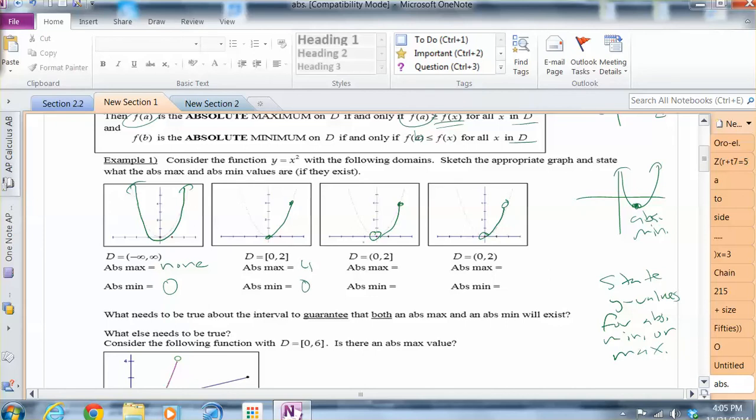But if you have an open circle, as we see with a 0, so it's an open interval, we still have an absolute max of 4, but we don't know what the absolute min is because we get really close to 0 for y, but not exactly 0. And in the last one, 0 and 2 are not included, so you don't have an absolute max or min for either one.